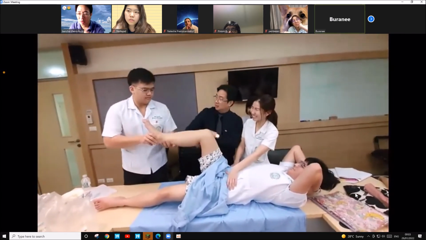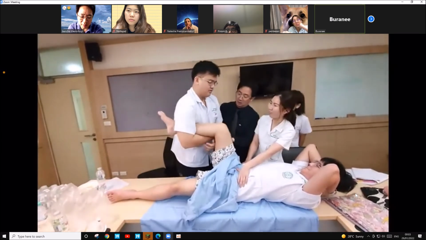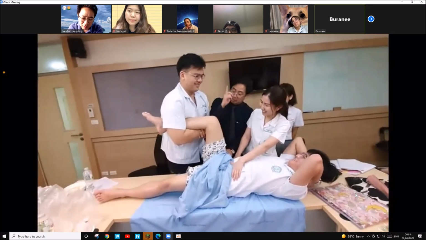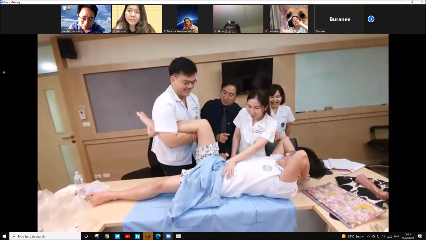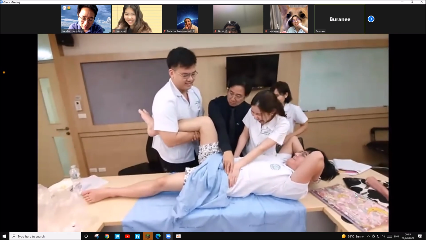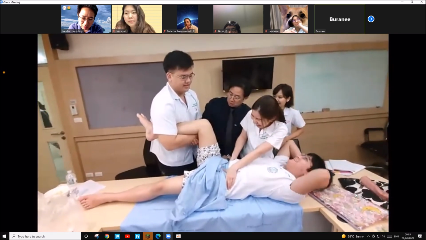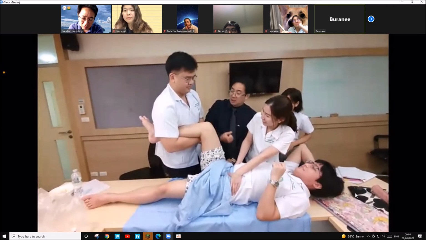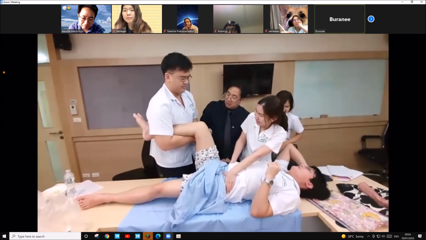He's very strong. And then you traction the hip outward, this way. Understand? Your assistant stabilizes the pelvis, and you reduce this way, slowly, slowly, slowly.